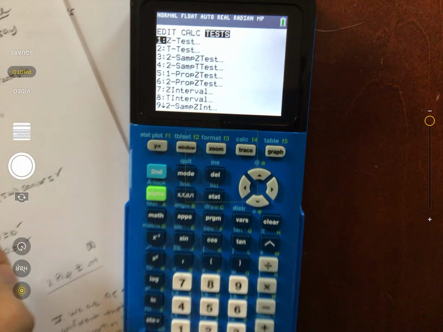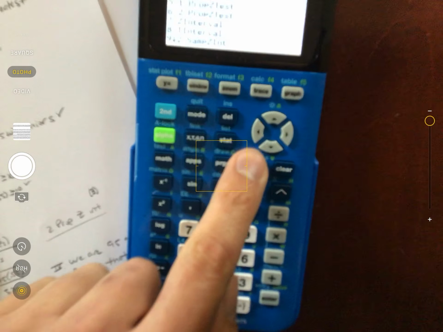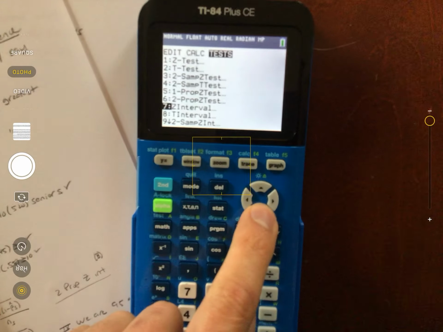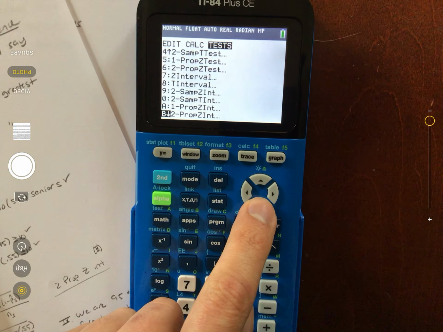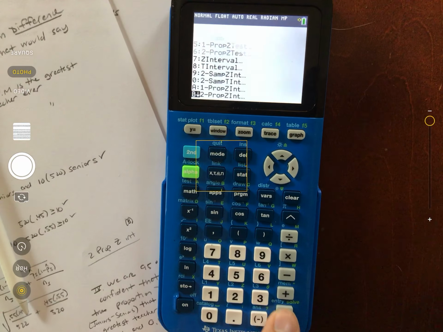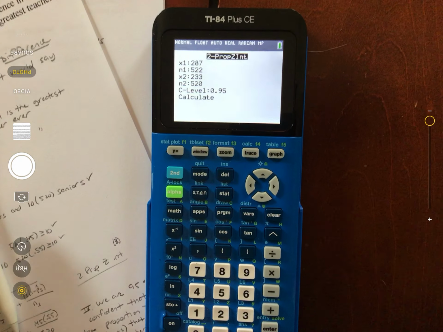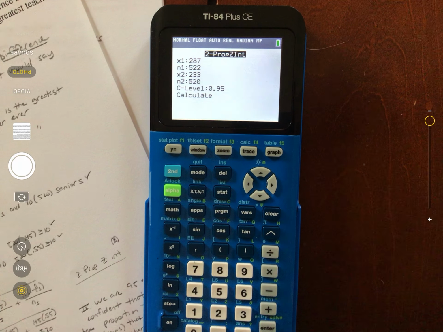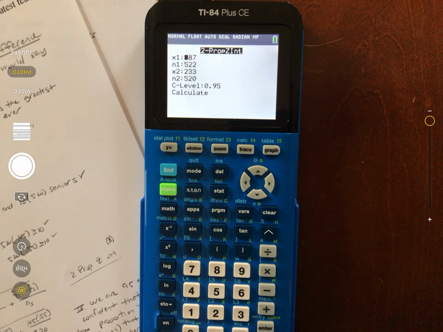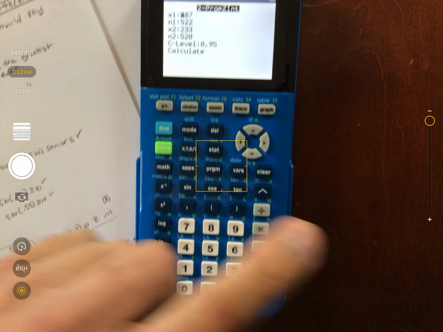All right, you see, go to tests, and we're going to go down to letter B, 2 prop z interval. And it asks you for all that stuff that we should hopefully know how to do. x1, n1, x2, n2. Your confidence level is 95%. Go to calculate.